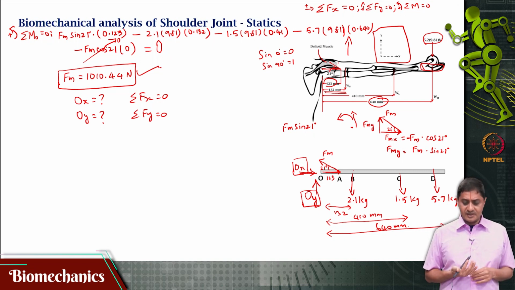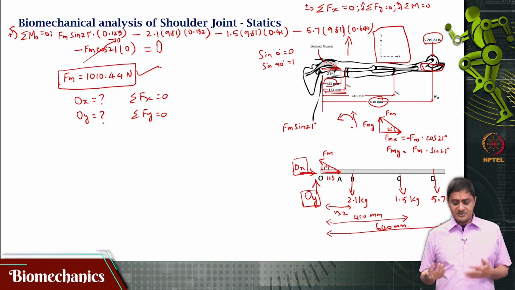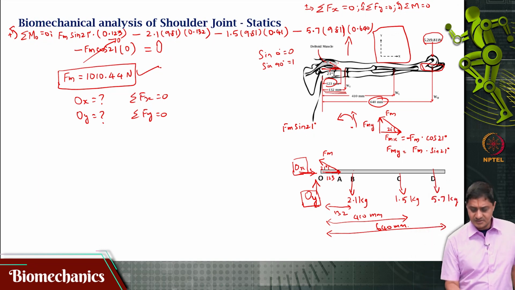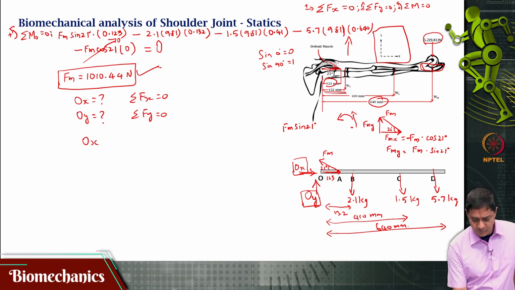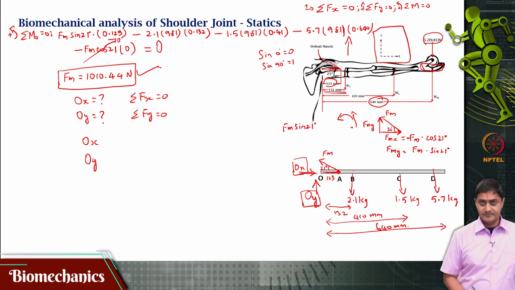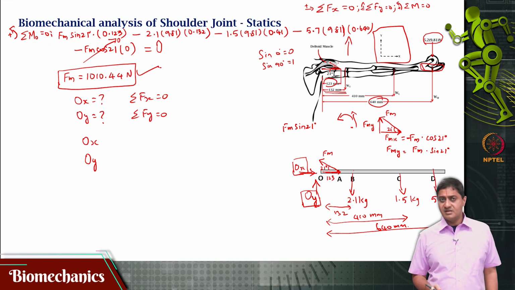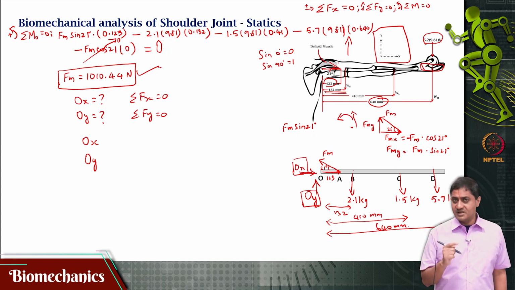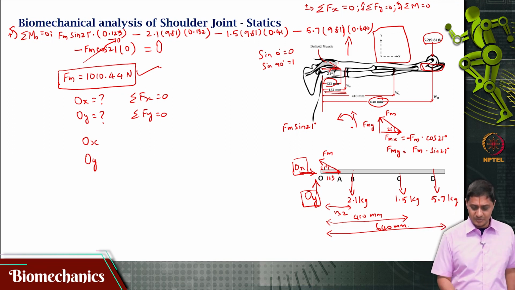So I can write out sigma Fx equal to 0, sigma Fy equal to 0, including Ox and Oy, and solve for them, because each of them will be one equation in one variable. The other variables are Fmx and Fmy, but we know Fm, so you can compute that.